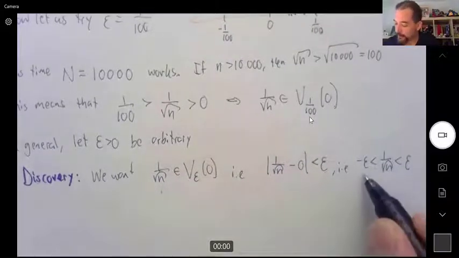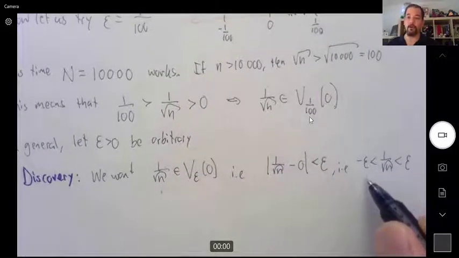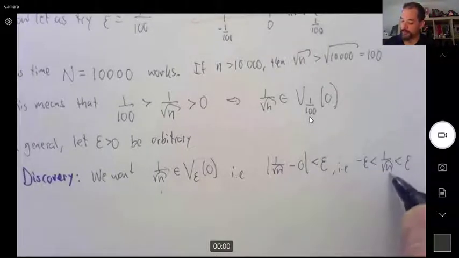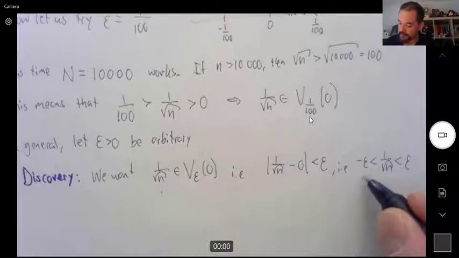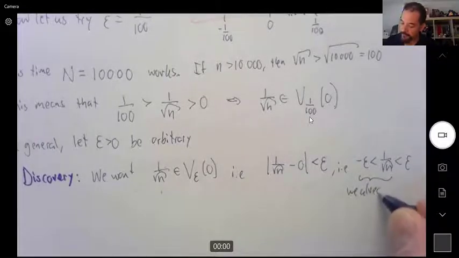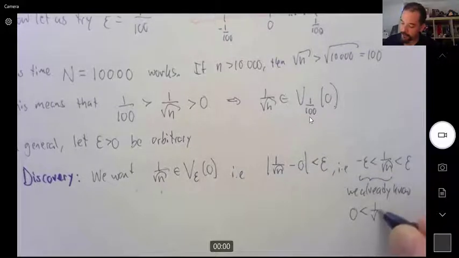Now, for the part on the left, we don't need to care about this left inequality because this number is positive all the time. This number is greater than 0. So this we don't need. This one we get for free. We already know 0 is less than 1 over root n.